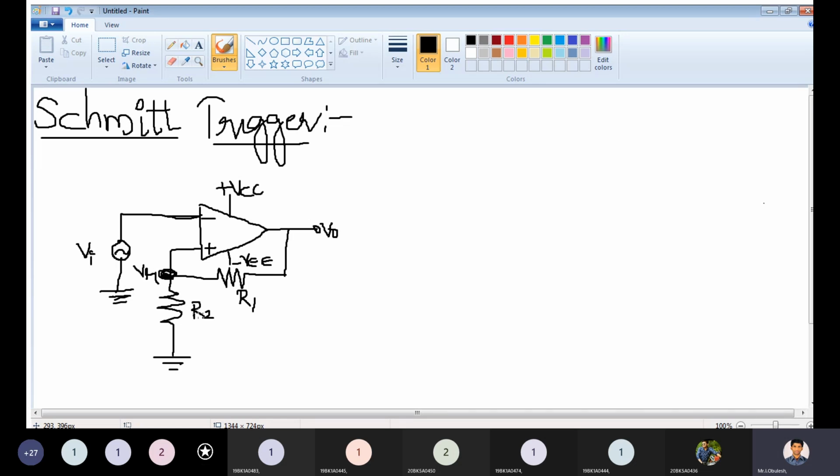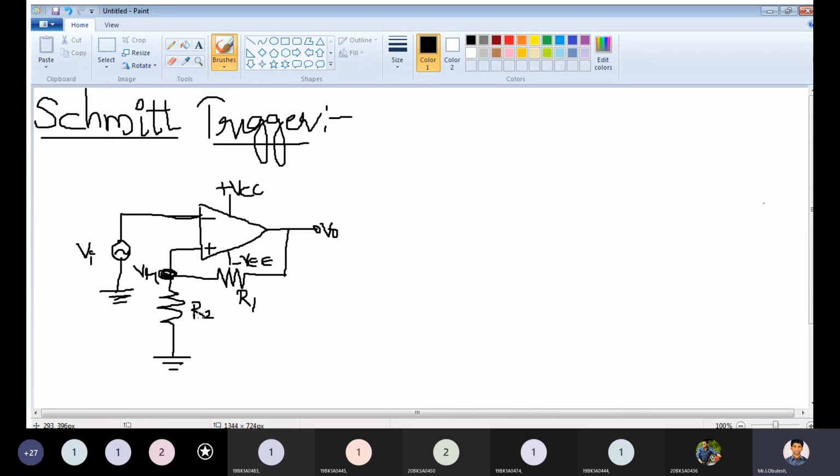The V input is slightly more positive than the V reference voltage, and here we are using positive feedback. Keep in mind, because of that reason, the output will start from minus V saturation to positive. When V in becomes more negative than minus V reference, then the output gets driven into positive V saturation level.